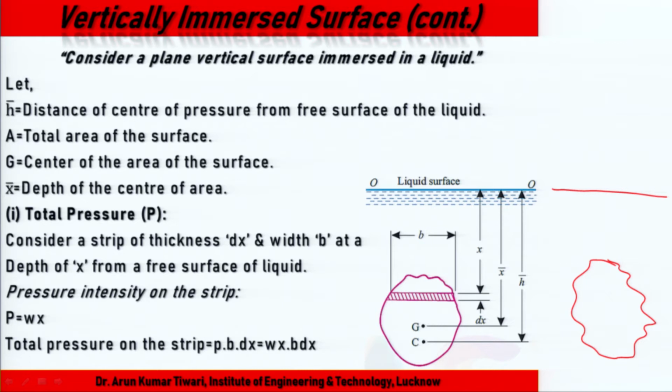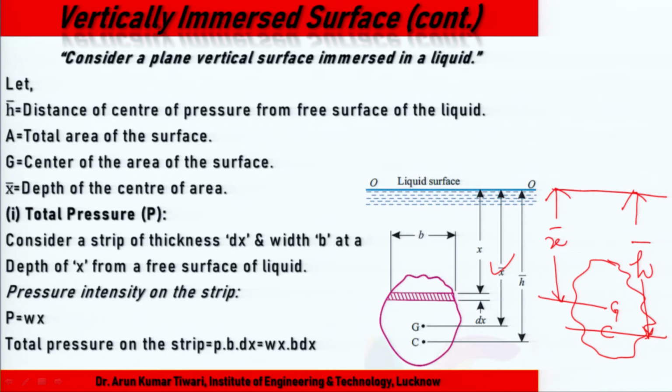Suppose G is the center of gravity, and the center of pressure is capital C. We are assuming this distance from the free surface to the CG is x bar. For the center of pressure, we are assuming this distance is h bar.